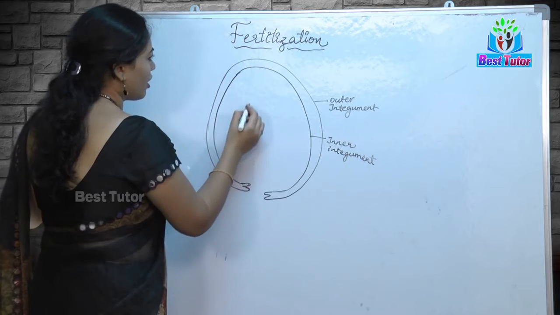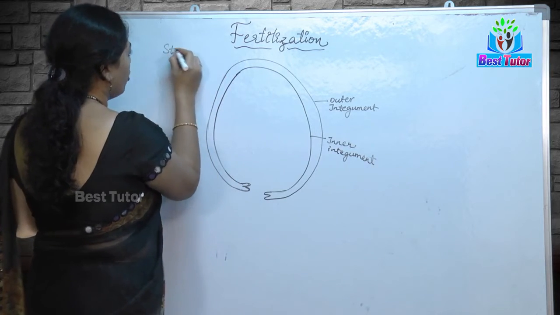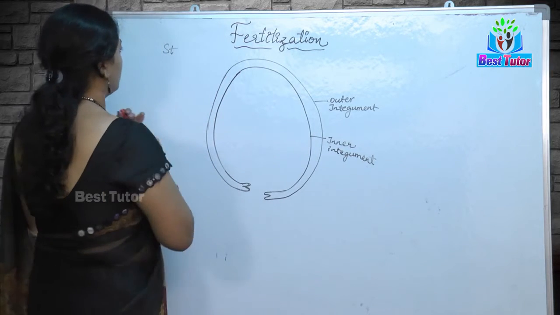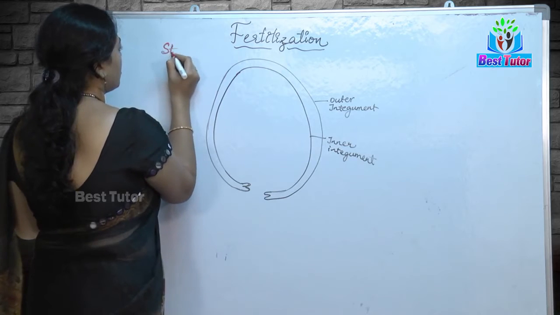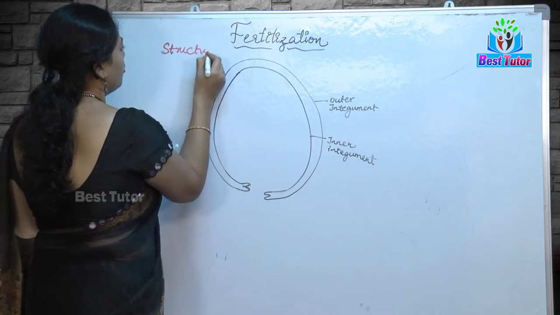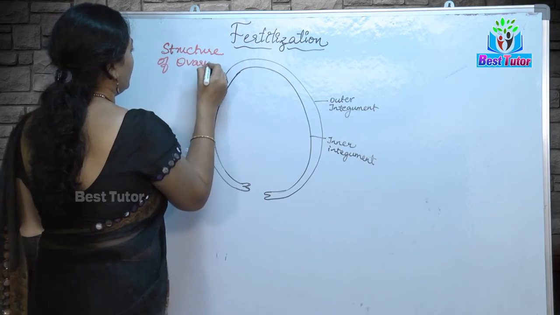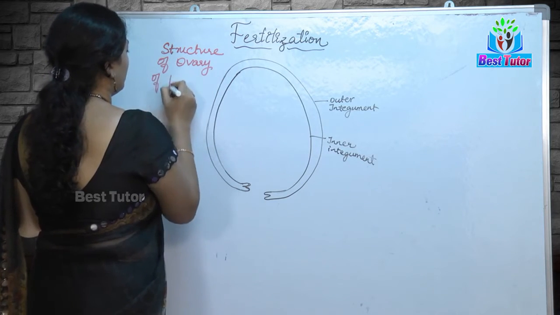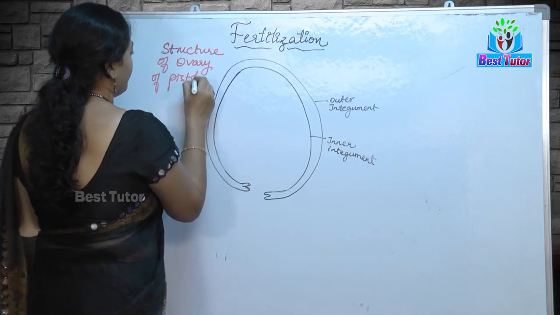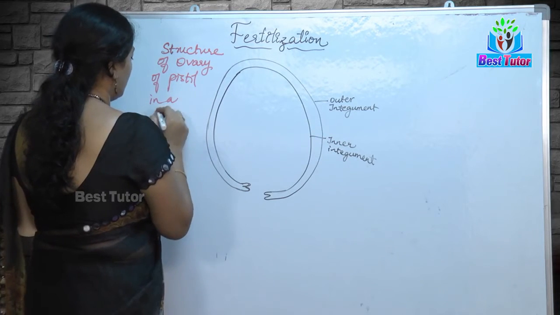So this entire structure we are talking about is the structure of the ovary of the pistil in a flower.